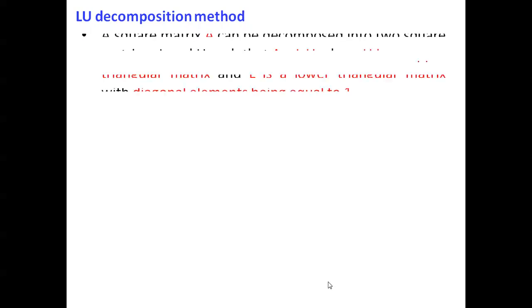In the LU decomposition method, we take an n by n matrix that can be written as the product of a lower triangular matrix and an upper triangular matrix.